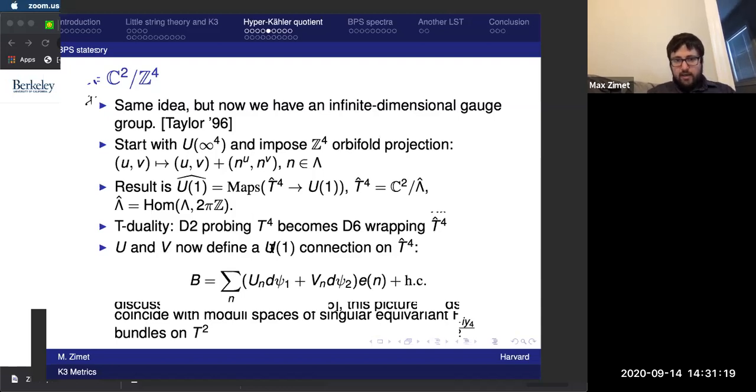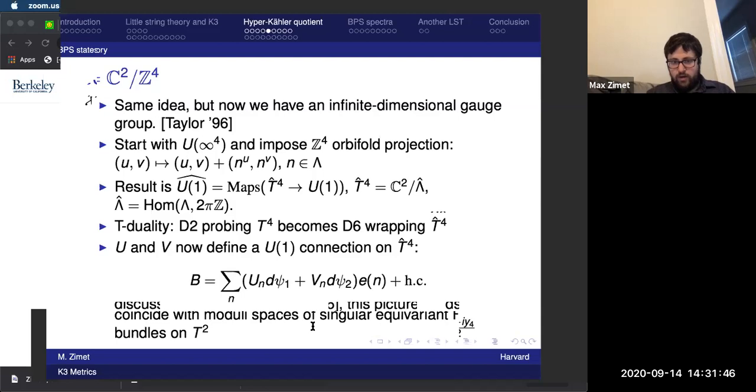U and V, from this formalism, look like some big infinite dimensional matrices, but there's a very natural way to package those matrix elements into a U(1) connection on the dual torus. Here I'm using complex coordinates on the dual torus, psi1 and psi2, and E of n is just the Fourier component with momentum n.